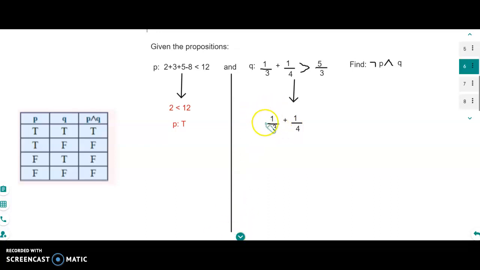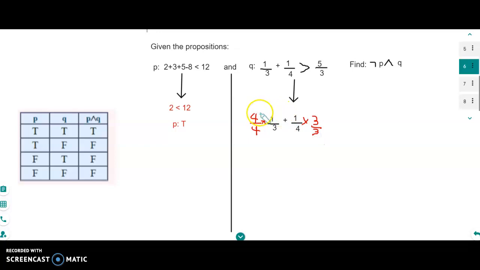So here we multiply 3 times 4, 4 over 4, to get 12, and 4 multiplied by 3 to get 12. So this is multiplied by 3 over 3.